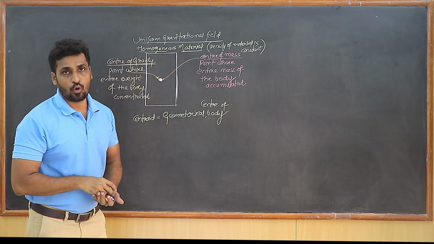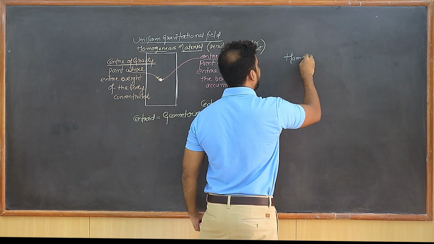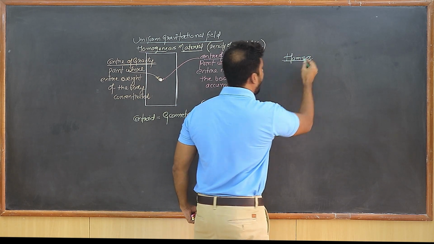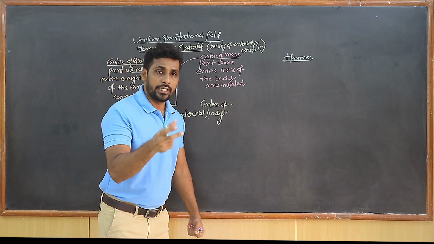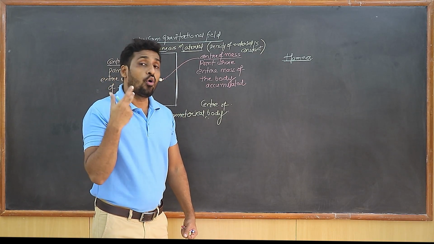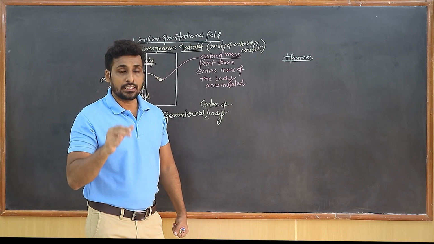Let's take the example of a hammer. Students, if you take a hammer, you already now can visualize how the hammer looks like, isn't it? It has a heavy metal piece, and then to hold that metal piece, you have a wooden stick, a cylindrical wooden rod.